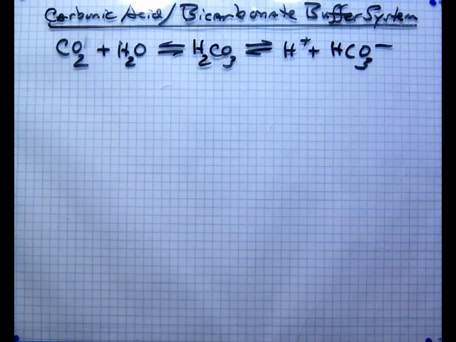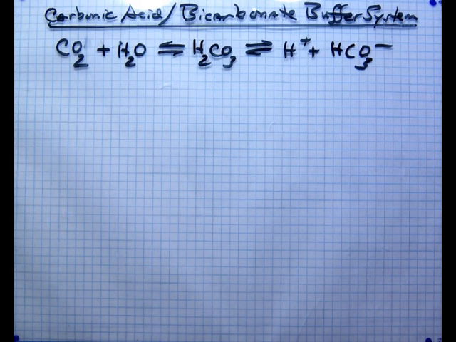Okay, now with a foundation in chemistry and a little bit of how buffer systems function, we've learned that if you apply a stress to a stable equilibrium, the reaction will shift away from the stress to eliminate it.